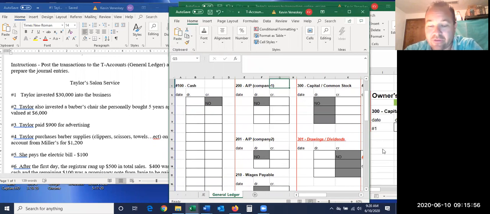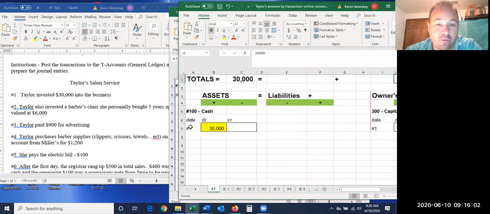That's just how this one I have laid out. But in a sense, you're going to be putting number 1 here, and that's what I have here, number 1, under the cash account. And then we're putting that as a debit.